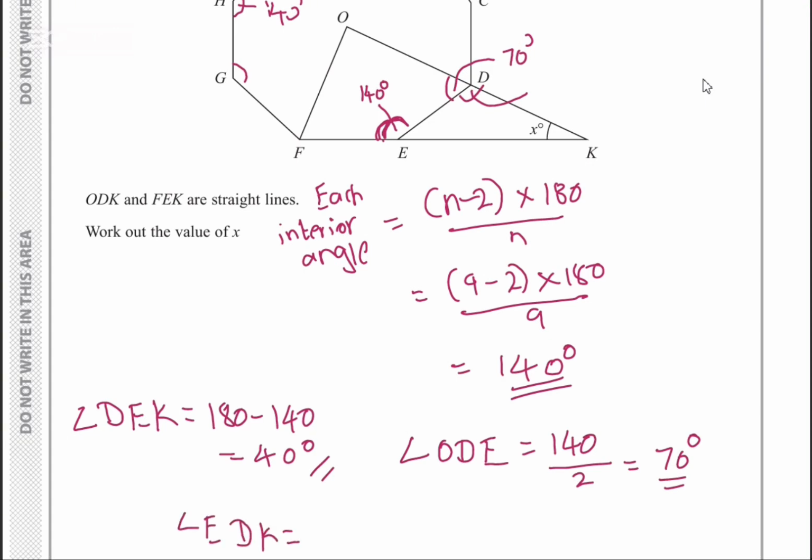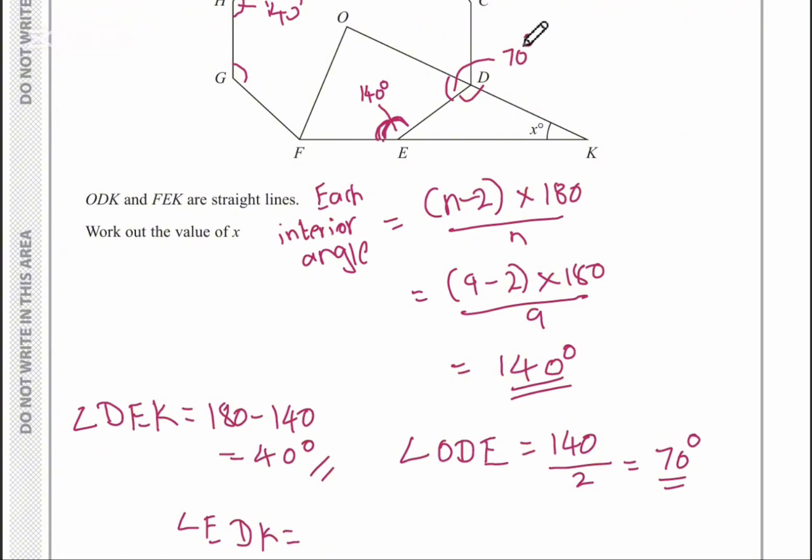Angle EDK would be, now when I consider this line ODK, this angle here and this angle should both add up to 180, because angles in a straight line add up to 180.